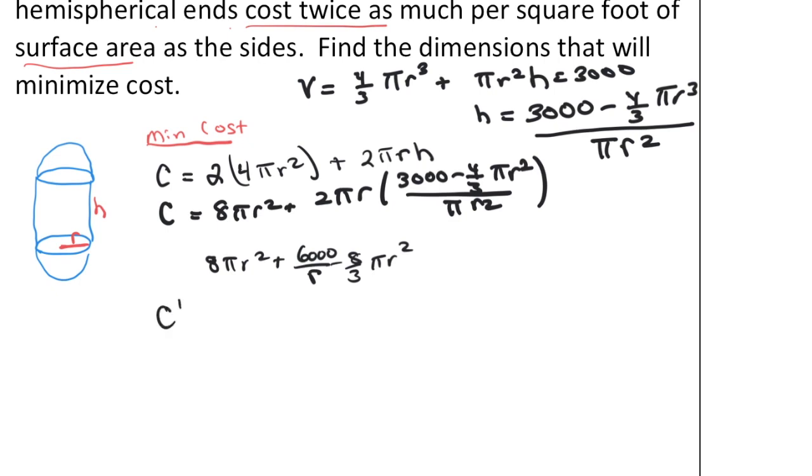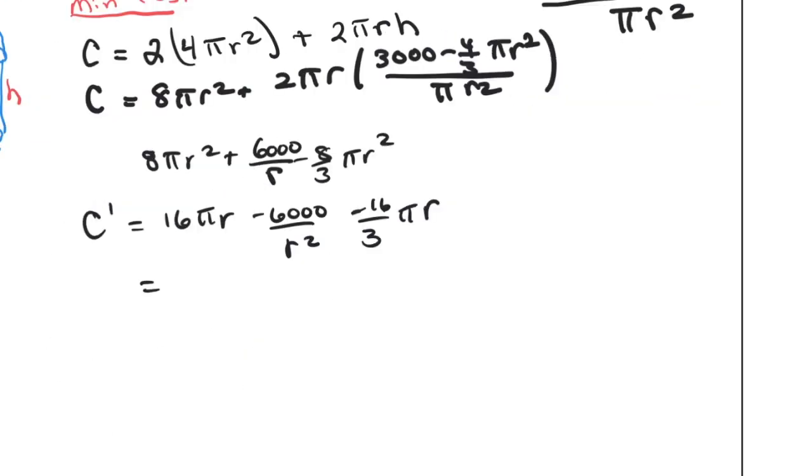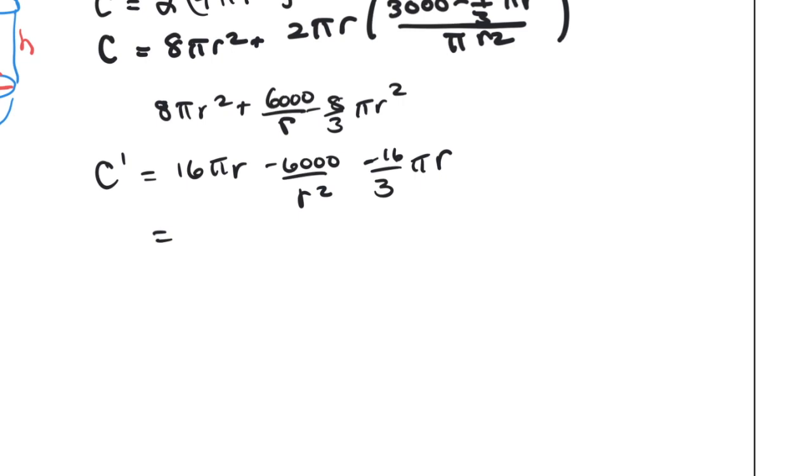Find the derivative. C prime is going to be equal to 16 pi r minus your 6,000 over r squared, and then minus 16/3 pi. So let's find a common denominator to enable us to find the critical number more easily.